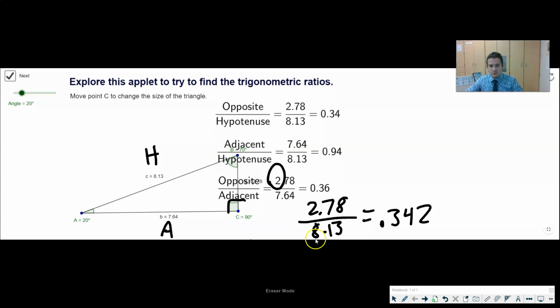Notice right here, it kind of did the math for me. The opposite divided by the hypotenuse side was 0.34-ish. It also did the adjacent divided by the hypotenuse side, and the opposite divided by the adjacent side. It gave me all of those fractions, and wrote them as decimals.